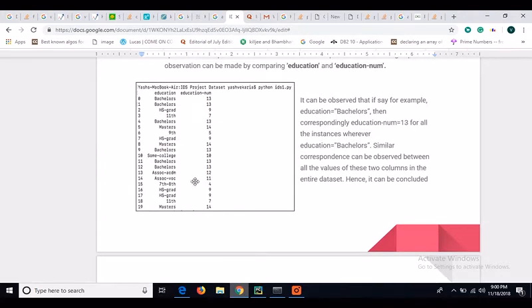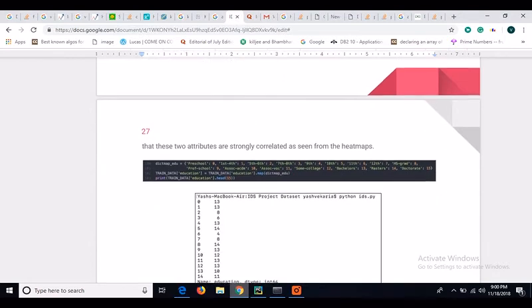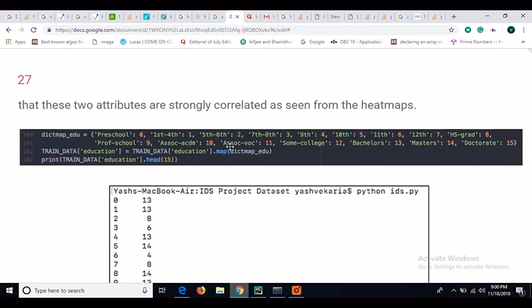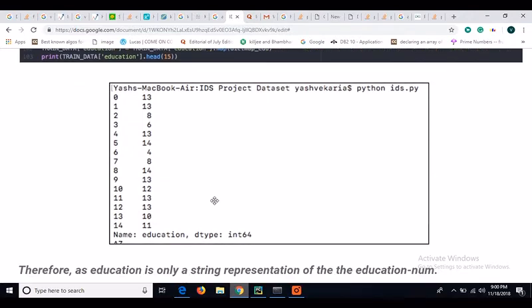We will drop education num and keep the education column and convert it from categorical to numerical. We have created a dictionary mapped to unique integer values representing the level of education, and then applied this dictionary on the training data's education column. This will convert the values using the dictionary into integer values, producing a numerical column.